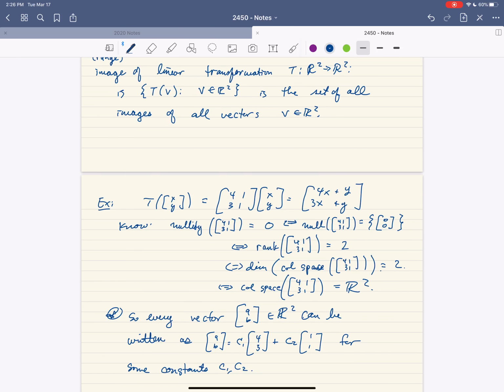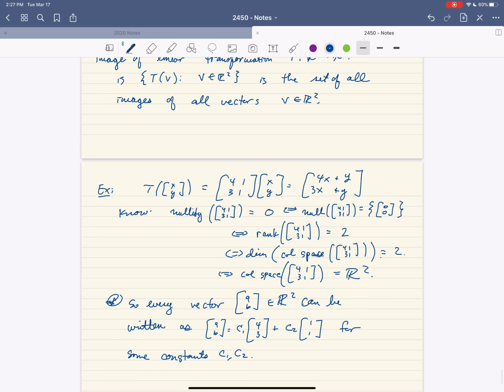Again, we've taken a long path to get here, but what we started thinking about was, what are the images? What kind of outputs are we going to get from this linear transformation? Do we get everything? Do we get a line? Do we get the zero vector? Do we get some other subspace? The only subspaces of R2 are R2, lines through the origin, and the origin itself.